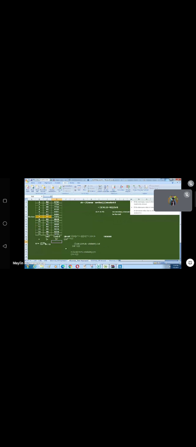Ito yung computation ko based on that textbook of my standard deviation. Are they the same? Yes, they are giving 4.9 standard deviation. That's why I use it here, and it gave me negative 0.53, no?